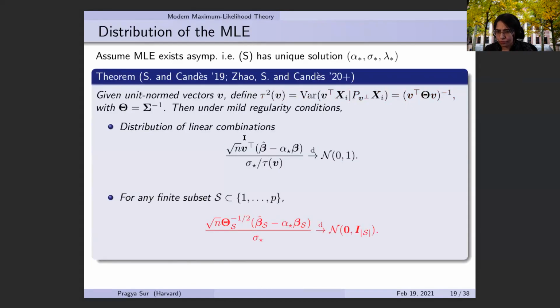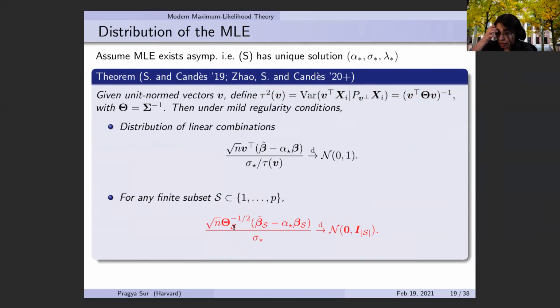From here, you can easily work out, if you take any finite subset or any finite number of coordinates, what their joint distribution is going to look like. You'll have the same centering and scaling, and then you need to adjust things by a factor because of correlations among the variables.